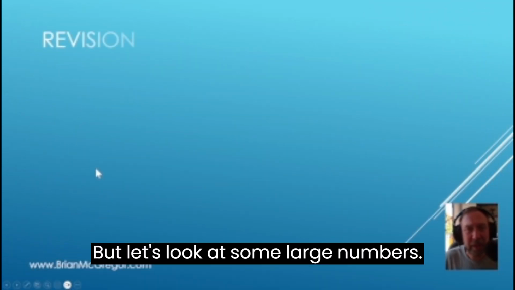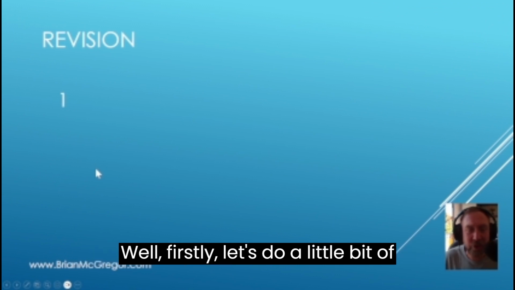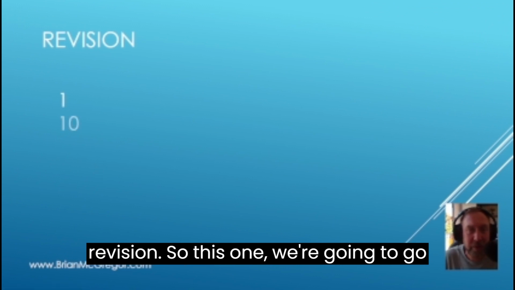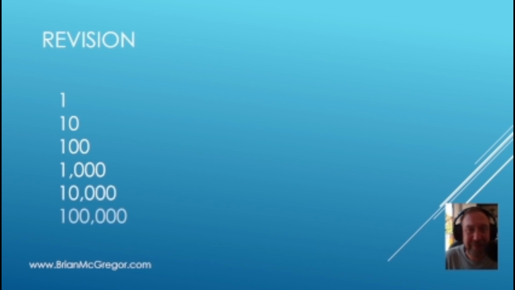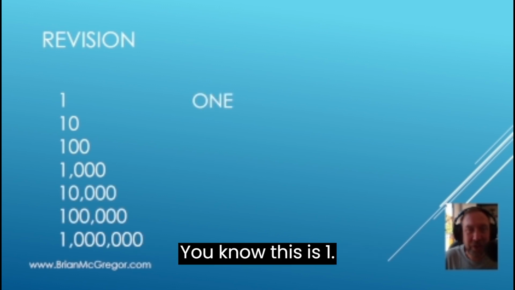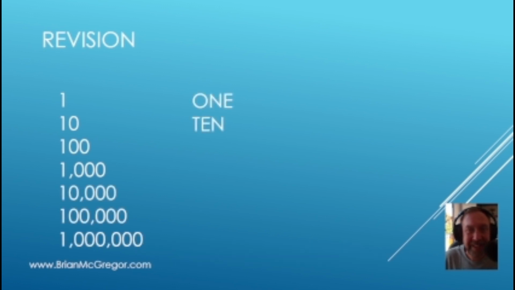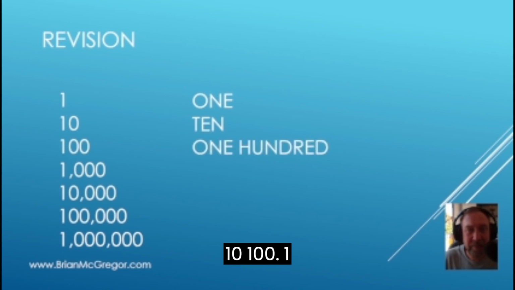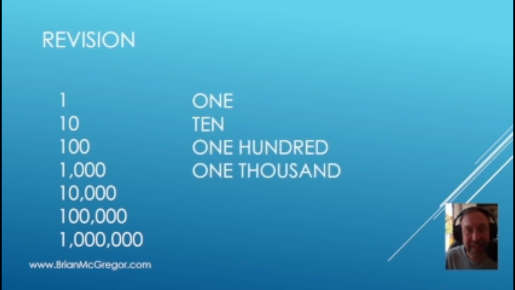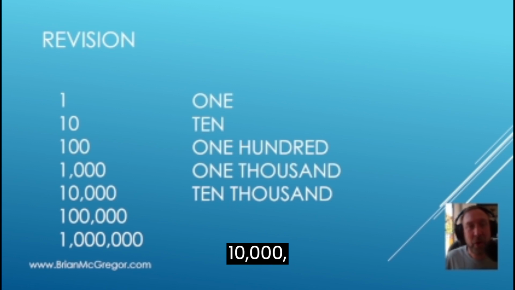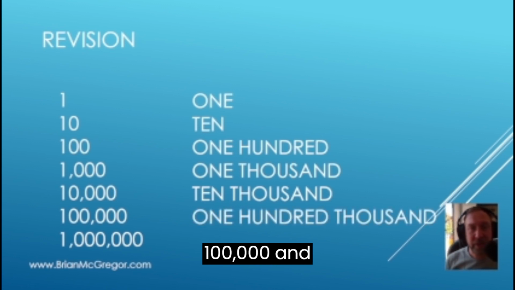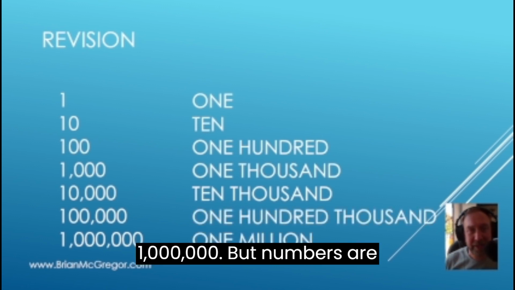But let's look at some large numbers. Well, firstly, let's do a little bit of revision. So this one, we're going to go through these numbers here. You know this is 1, 10, 100, 1,000, 10,000, 100,000 and 1 million.